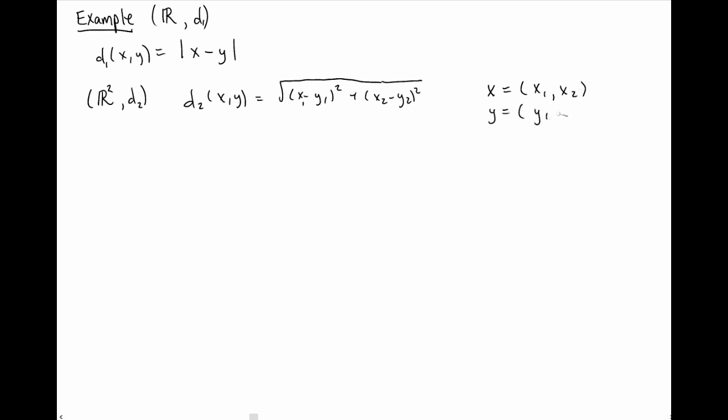And that's the same for each, right? So we can show that that is a metric.